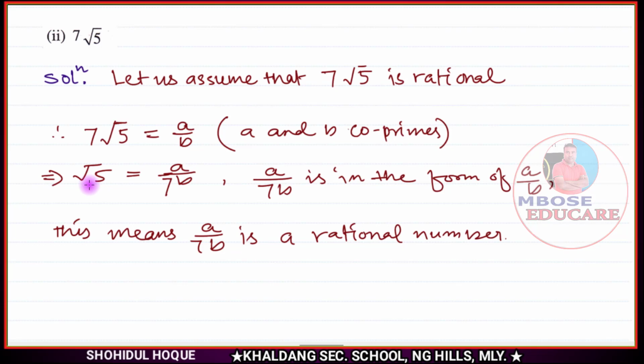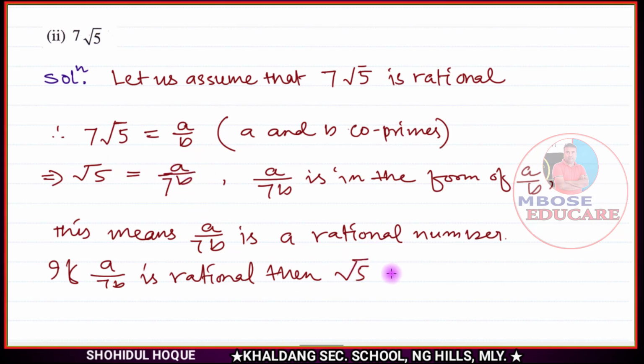It is also a rational number. If a by 7b is rational, then under root 5 is also rational.